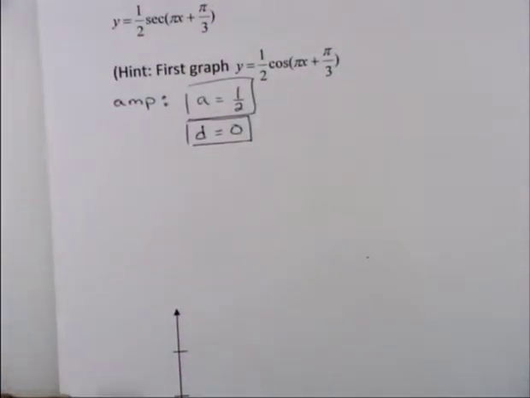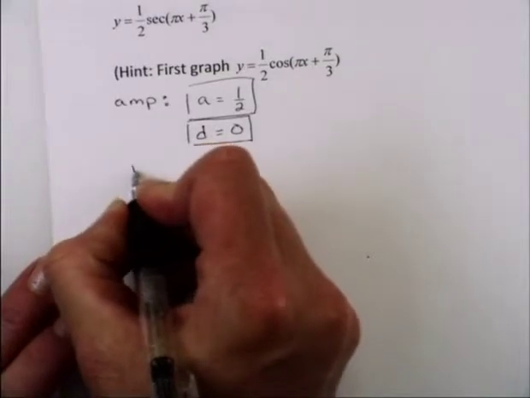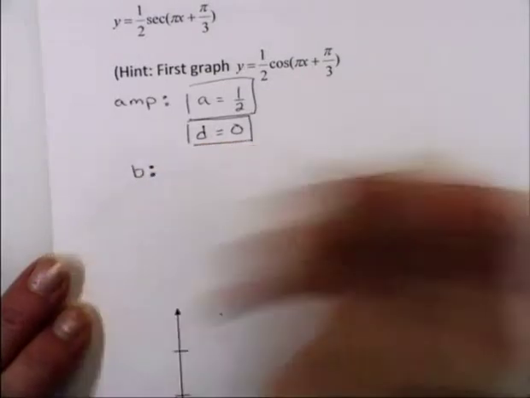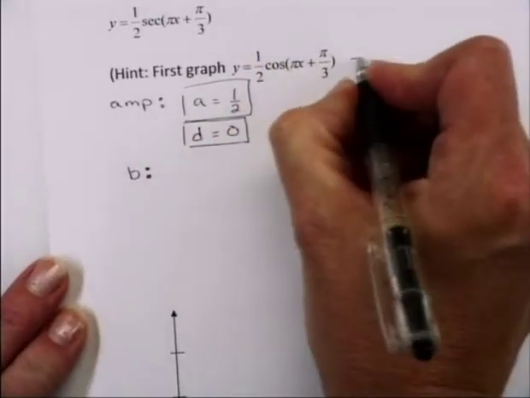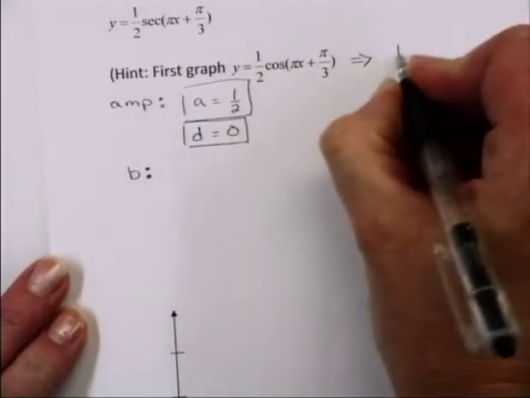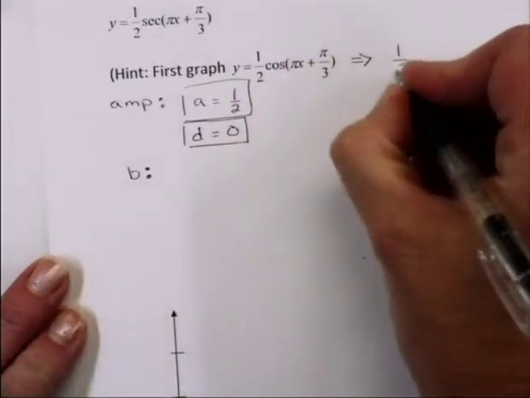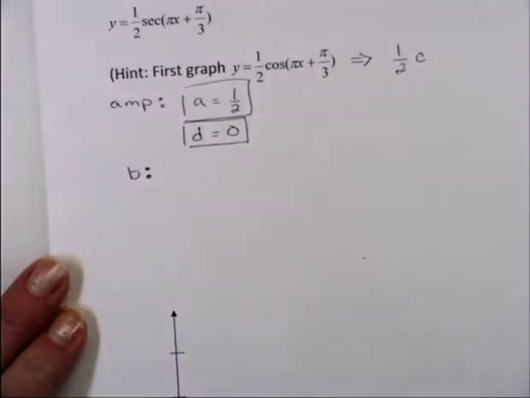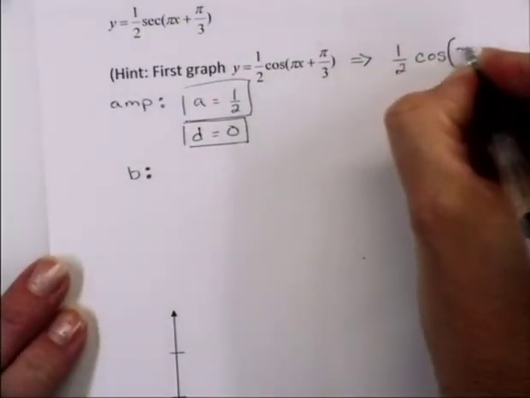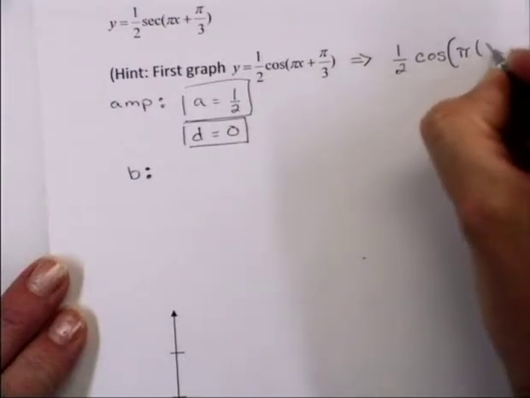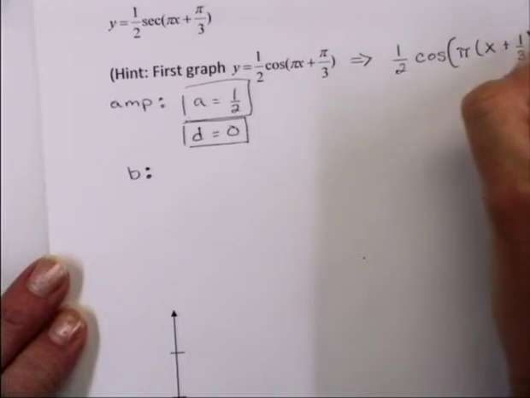The next thing we're going to find is our B value, frequency. All right, looking at our equation, let's go ahead while we're here and make the coefficient of x 1 instead of pi, and then that'll help us answer the phase shift as well. So cosine of pi times x plus 1/3, since I factored out pi.